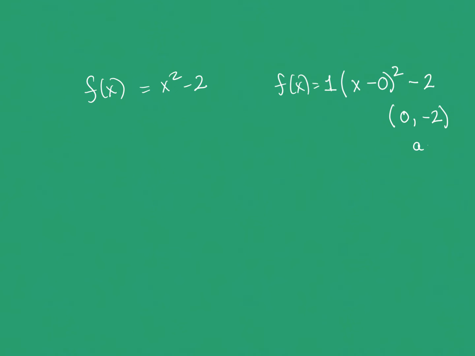My a is 1. So from here, I go down to my vertex at (0, negative 2). And then as I said in that last chart, I go over 1, up 1, over 1, up 1, over 2, up 4. And I get a parabola that looks like this.